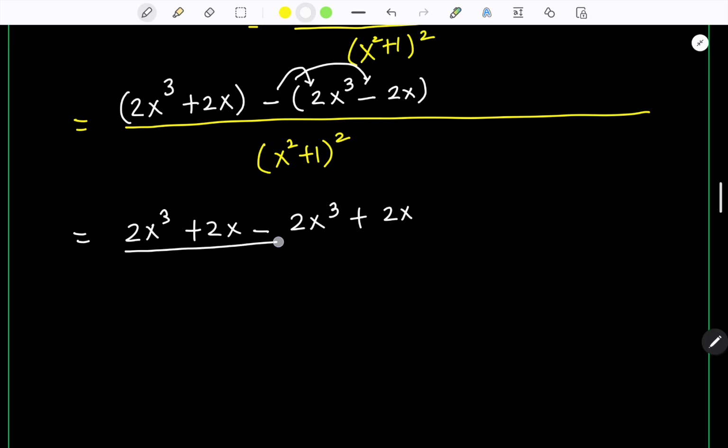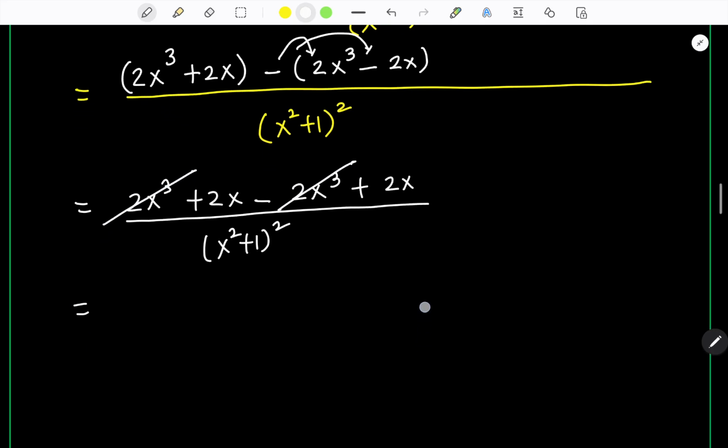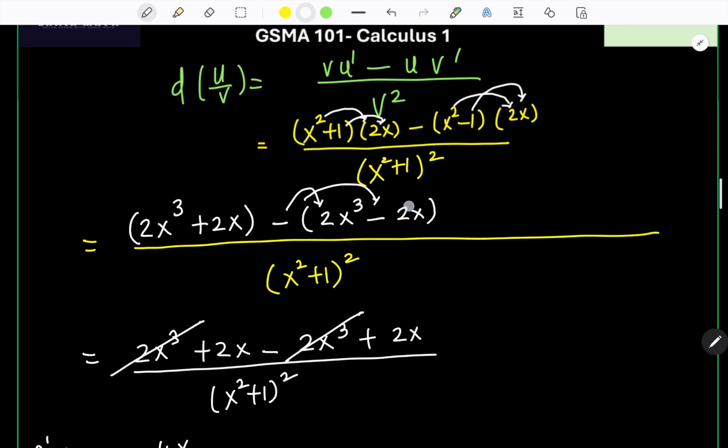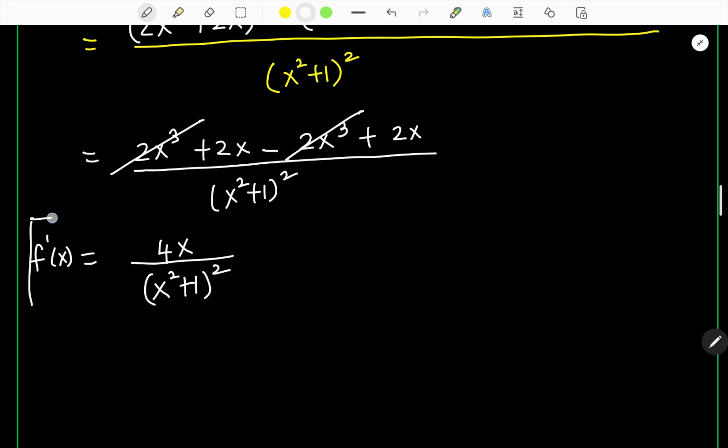Okay, divided by x square plus 1 the whole square. Then what happens? This 2x cube gets cancelled. So this equals 2x plus 2x is 4x divided by x square plus 1 the whole square. So this is your f dash of x. Clear?